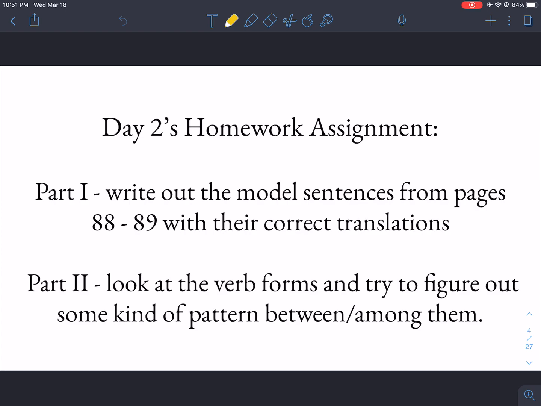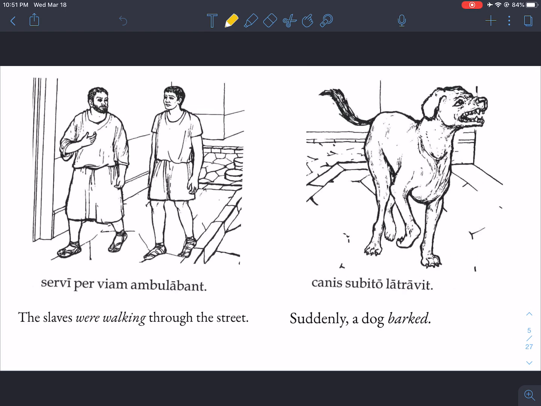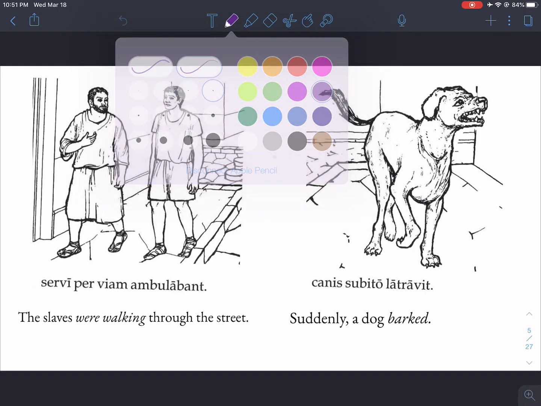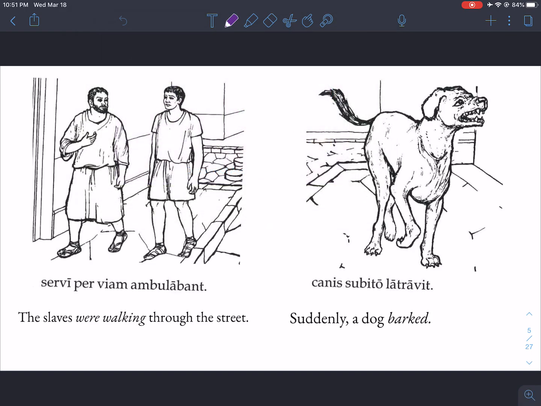So I figured I'd start off just going over those sentences a little superficially. Let us pick a nice Bob Ross color. Let's do purple today, for now. Okay, so, number 1. The slaves were walking through the street. Okay, subject noun, verb.